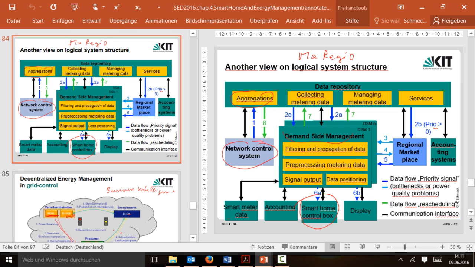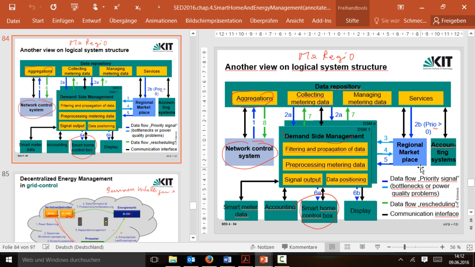This was showing the logical structure that we are actually addressing in those more regional energy management systems, where we have to respond to bottlenecks that are detected or predicted by the network control system, by the distribution system operator, for example, and then he would send some requests for changes for demand response activities, which would be sent to the market if there is time enough to do that.